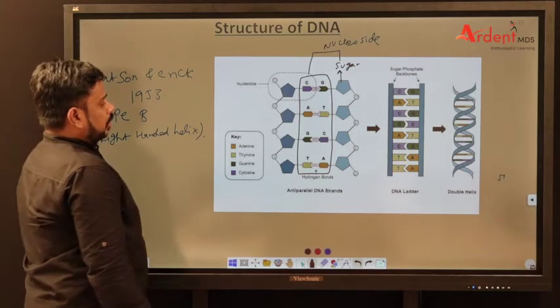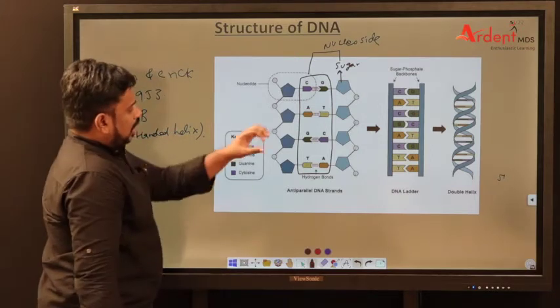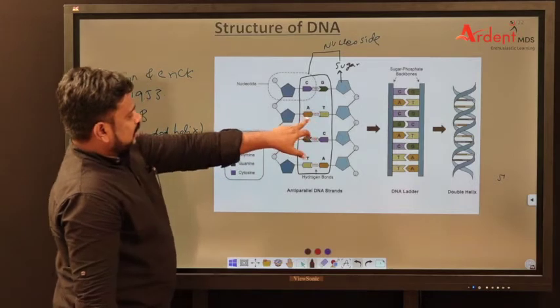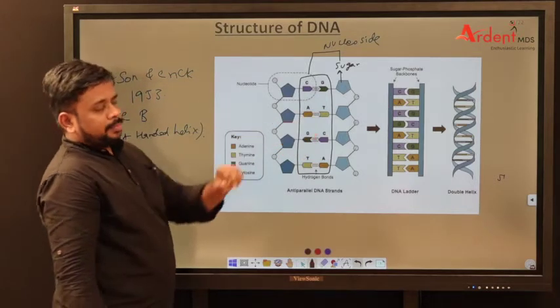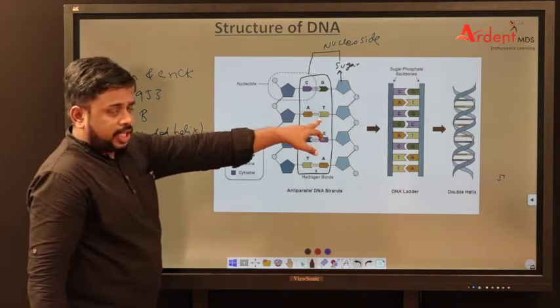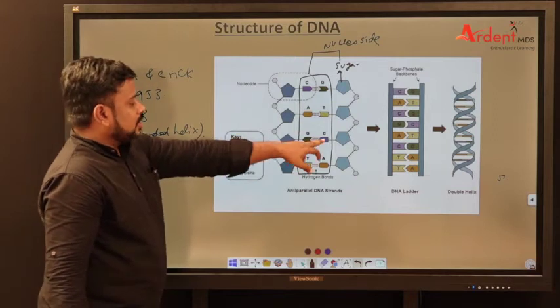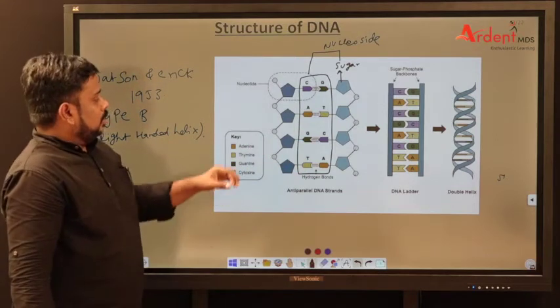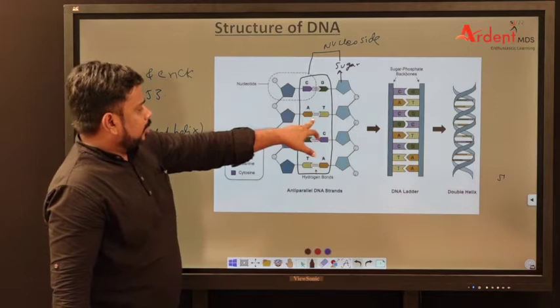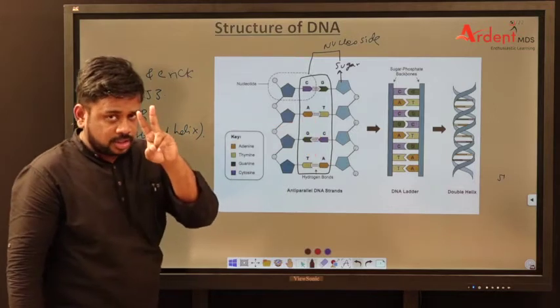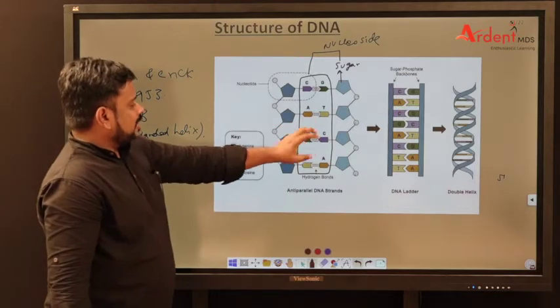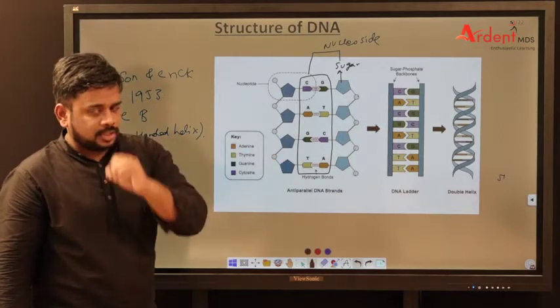Clear? Coming to this, always the purine joins with the pyrimidine: adenine joins with thymine, guanine joins with cytosine. Between adenine and thymine there are 2 hydrogen bonds. Between guanine and cytosine there are 3 hydrogen bonds.